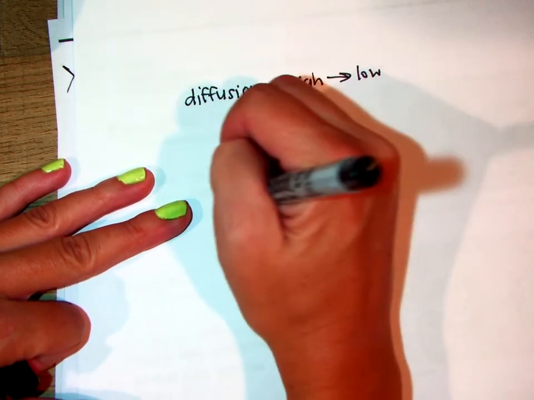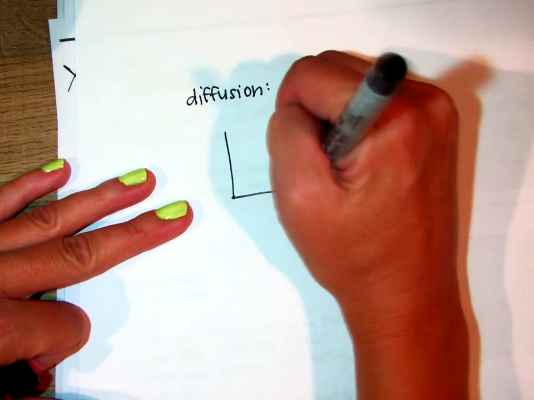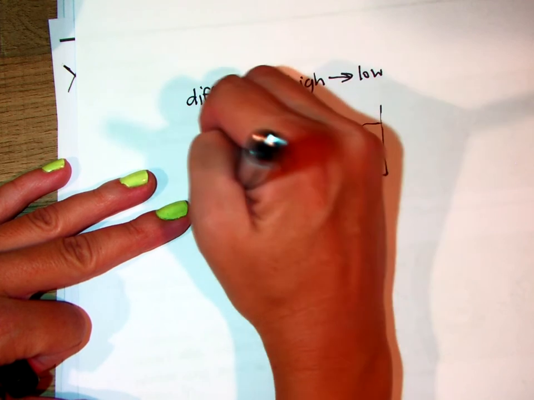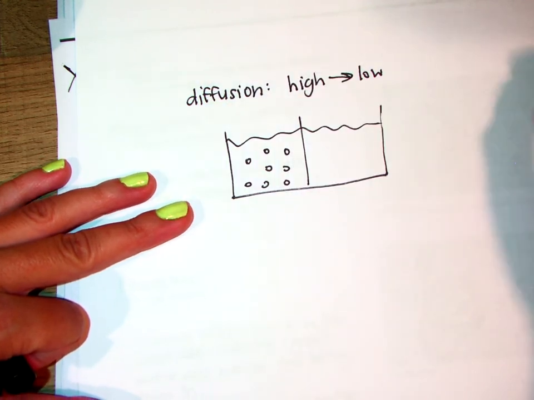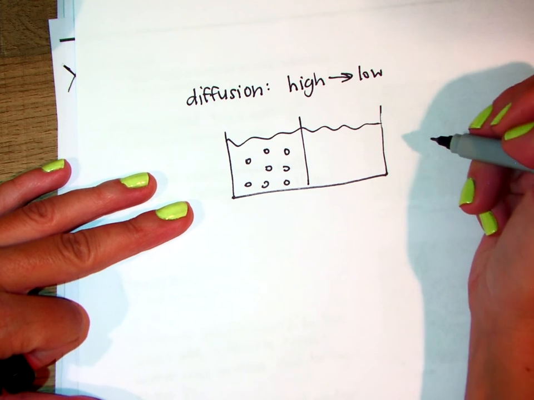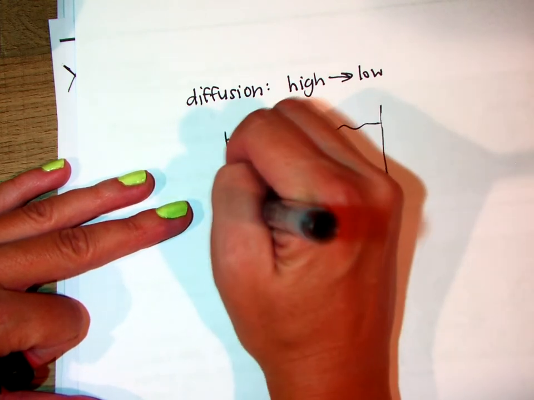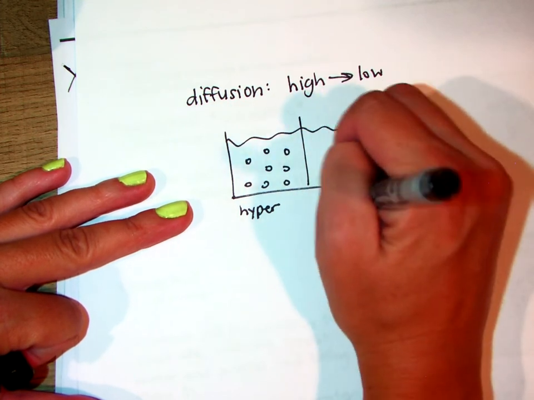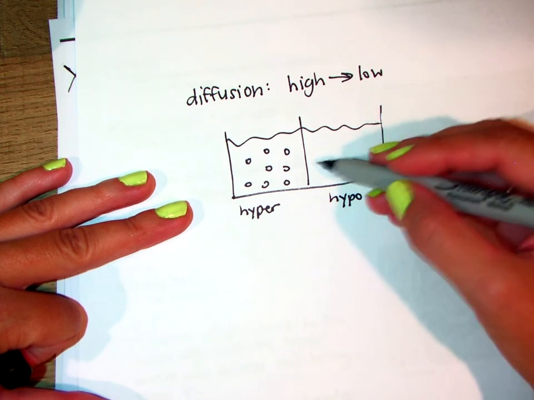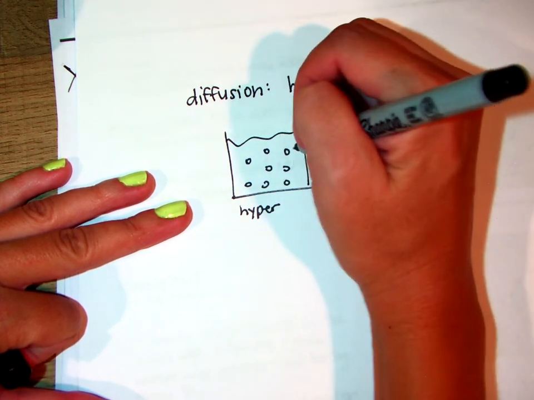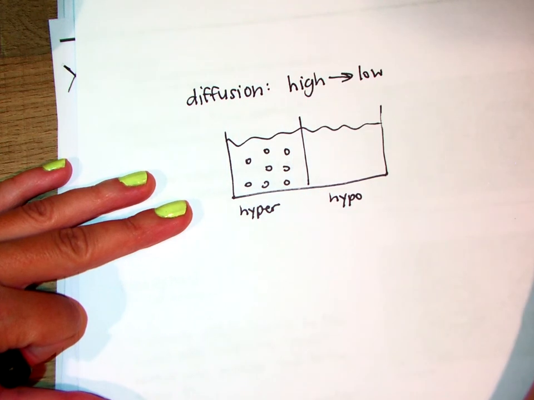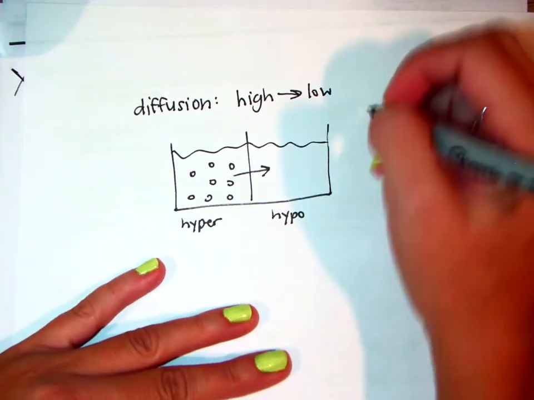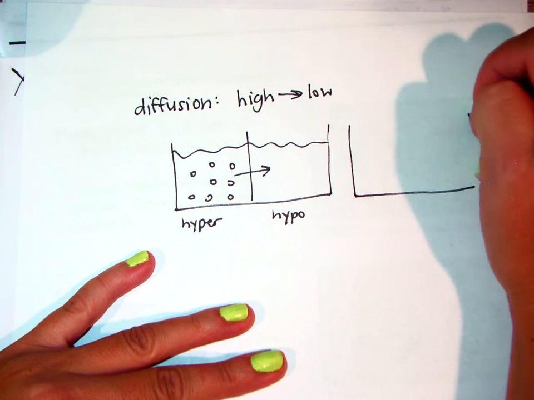So if we have a beaker here and it's separated with two different solutions, let's say we've got salt water on this side and pure water on this side with no solutes in it. This side would be hypertonic because it has a high level of solutes. This side would be hypotonic because it has a low level of solutes. So assuming that these solutes can pass through this membrane here, there should be a movement from high to low. And then over time, equilibrium would be reached.